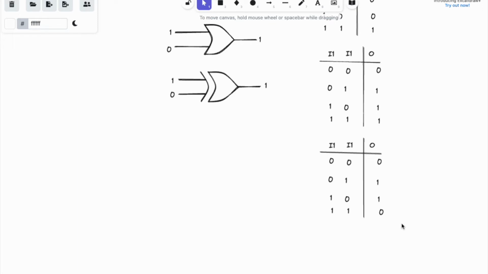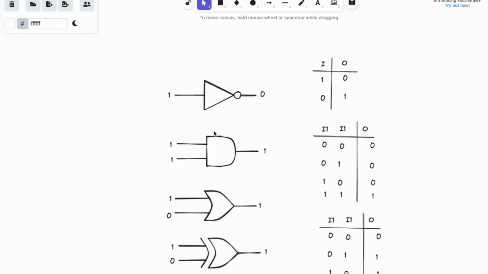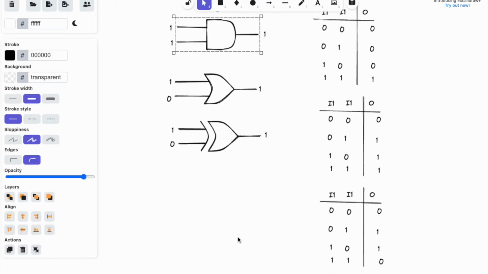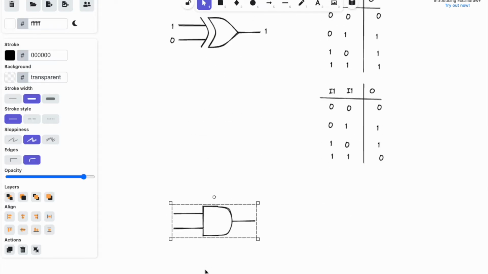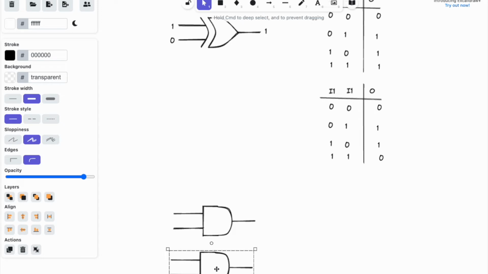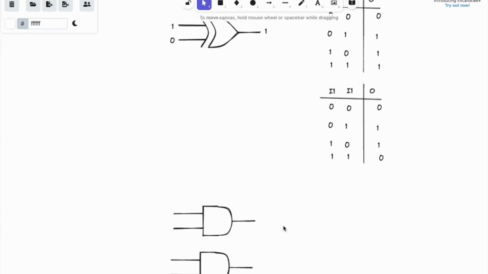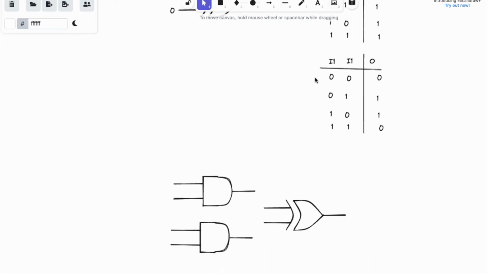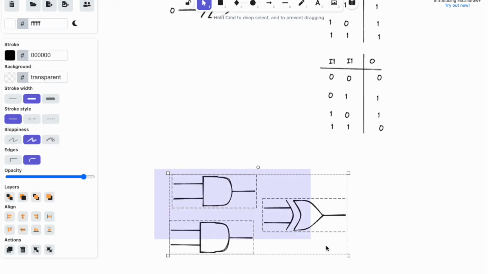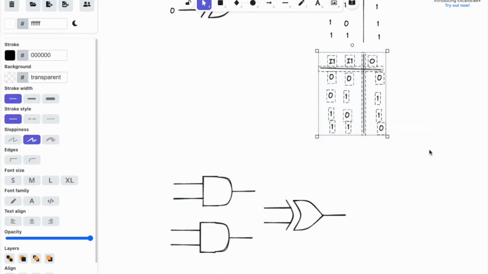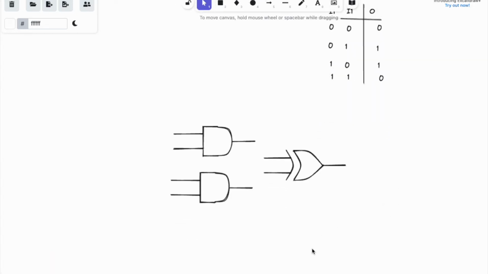So let's combine these into a more complicated example. Let's say I had two AND gates feeding into a single exclusive OR gate. What would the output be? Well, in order to compute this, I'm going to need a slightly more complicated truth table.